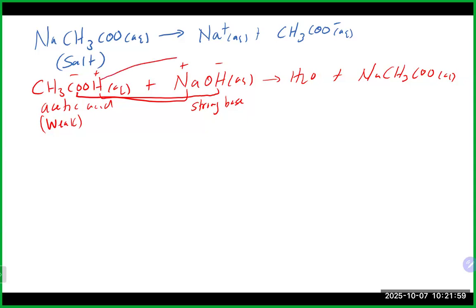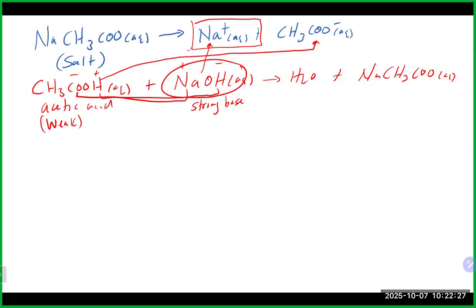The acetate comes from our acetic acid, and our sodium comes from our sodium hydroxide. So now when we're analyzing, is there anything here that's going to do any type of hydrolysis reaction? We know right off the bat that sodium is from group 1, which means it comes from a strong base, which means, as we just saw, that it is going to be considered a neutral salt, right?